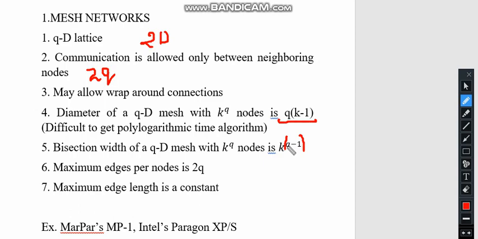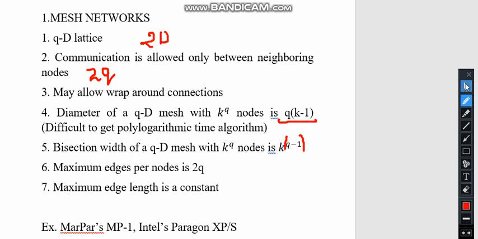Here the maximum edges per node is 2q and the maximum edge length is constant. Some examples of parallel machines which have a mesh network are the MasPar MP-1 and Intel Paragon XP/S. These are machines where the mesh network is used to organize the processors.